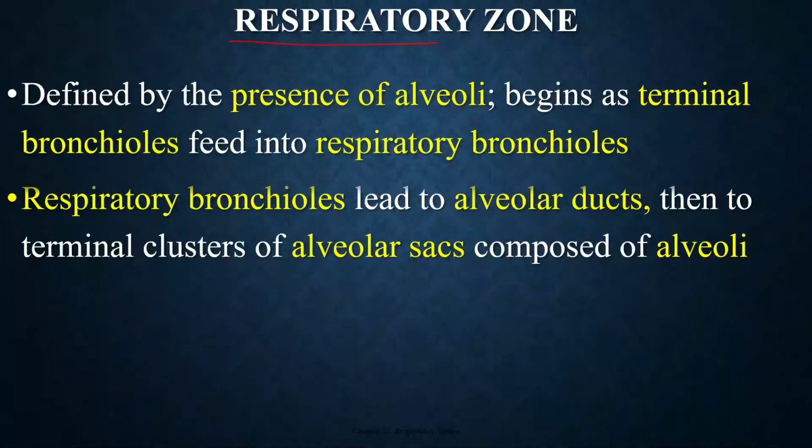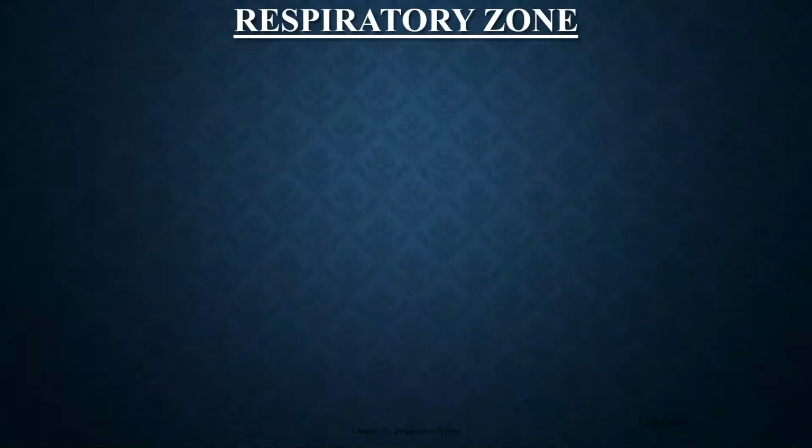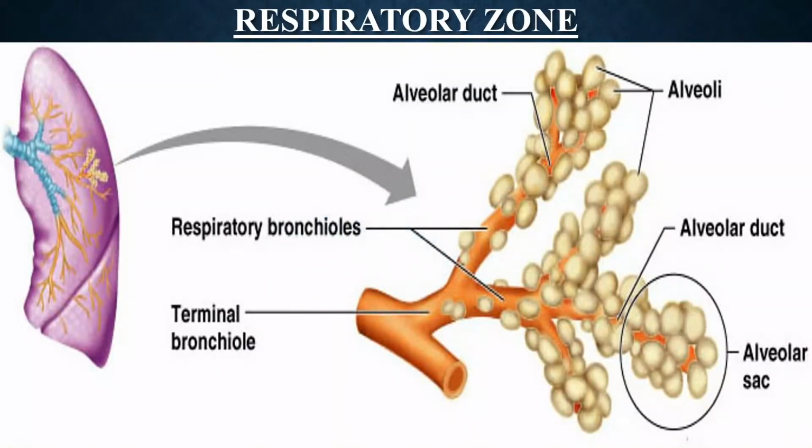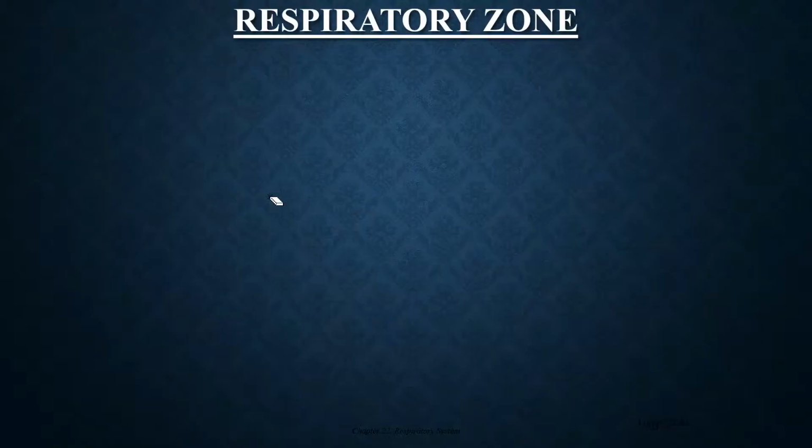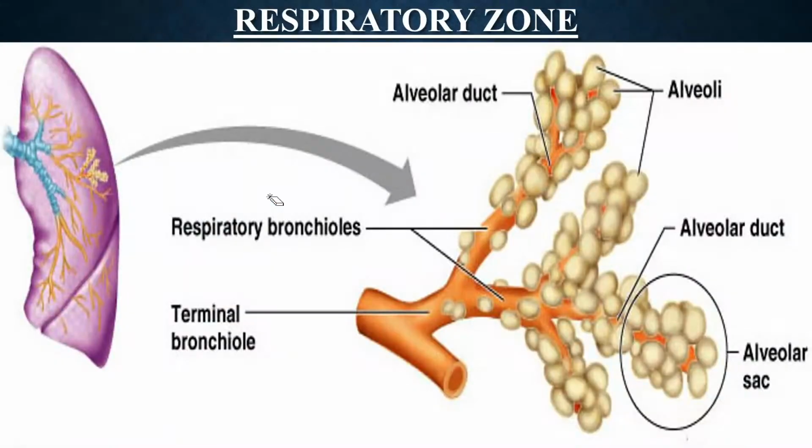I won't proceed here because there's a lot that we need to discuss, and there are better pictures that I need to include. So we'll end our class at this point, and probably tomorrow we'll talk about the respiratory zone.